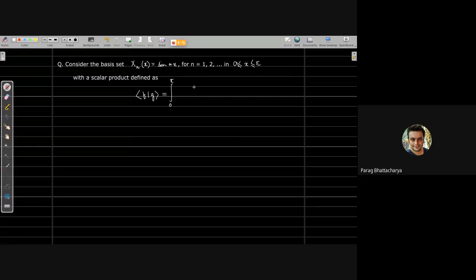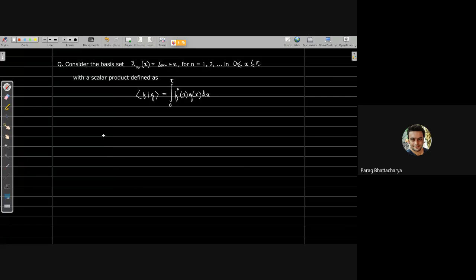Whatever is the function on the left side, we take the conjugate of that, then g of x, and the weight function, in this case equal to 1, into dx. So that's how we define the scalar product.